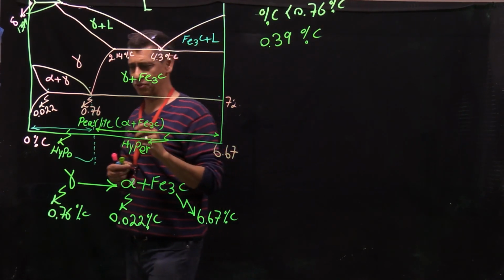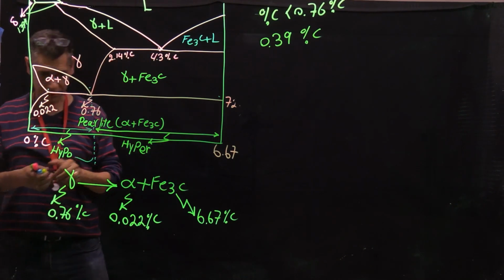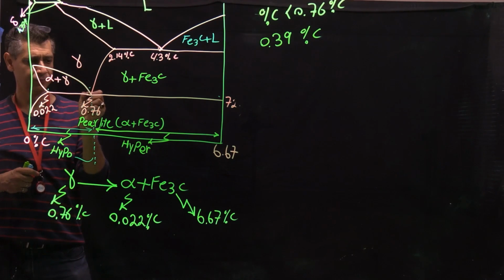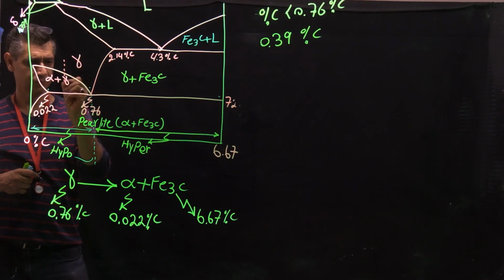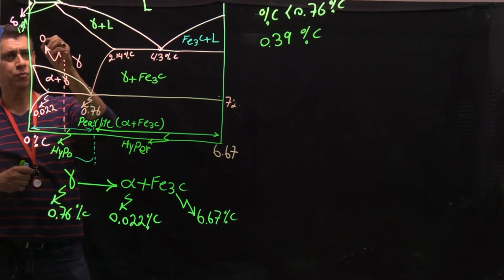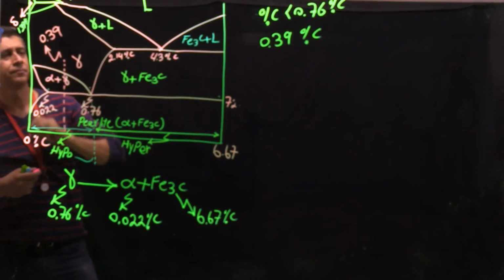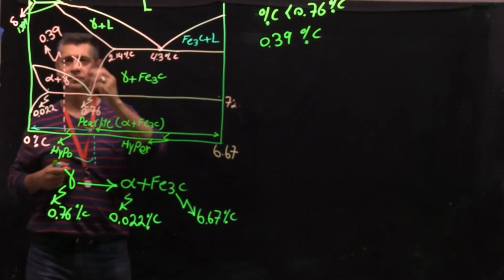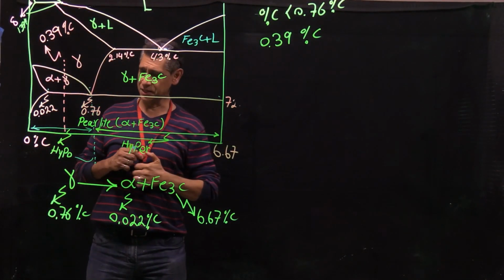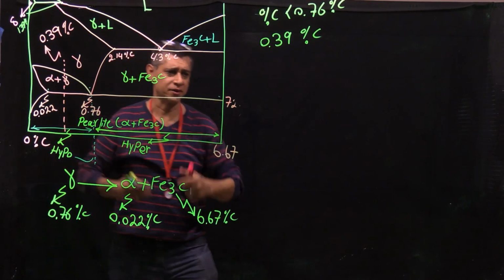So I'm somewhere around here, maybe a little here. So this carbon content is 0.39% carbon. Let's see what my structures are.